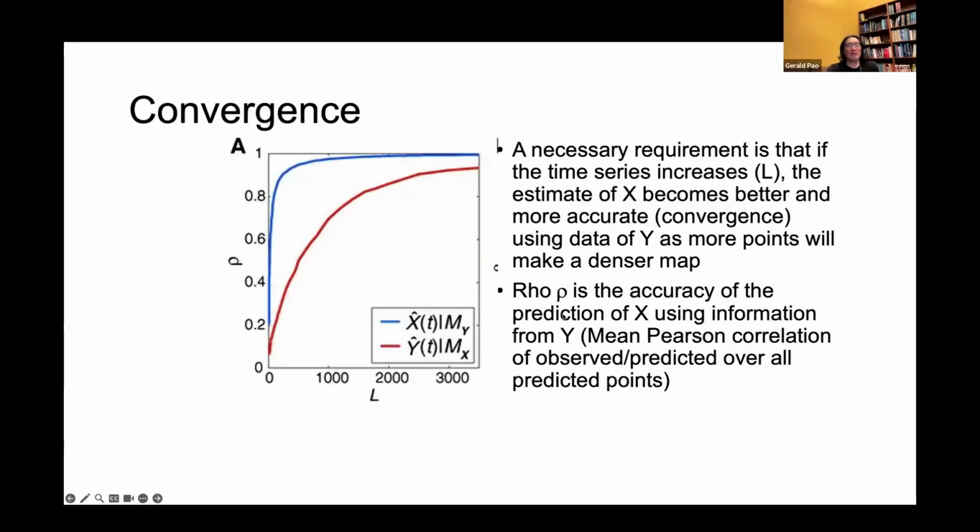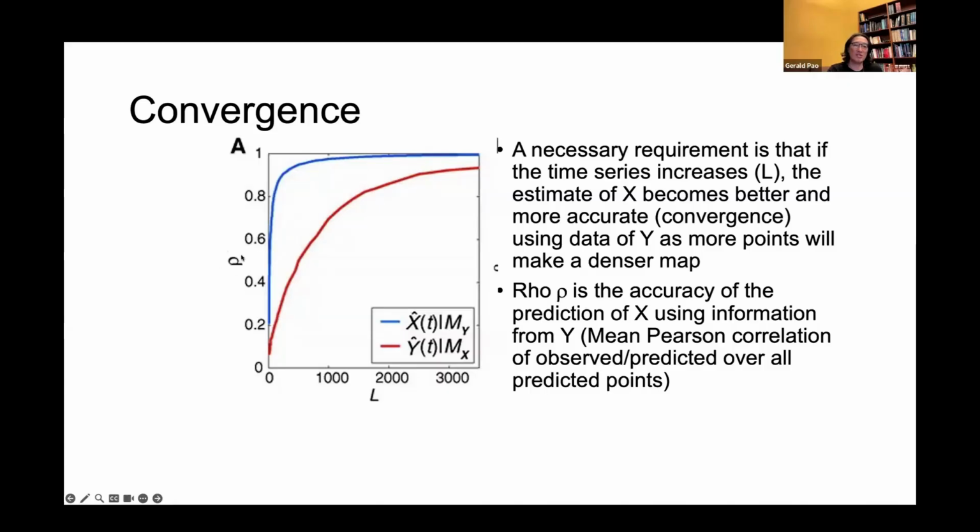But there is one more thing. If you take the nearest neighbors, the more data that you have, the nearest neighbors become more dense and closer to each other, so your predictions become more accurate. So basically, L tells you the amount of data they're using. The more data that you have, the better you can predict.